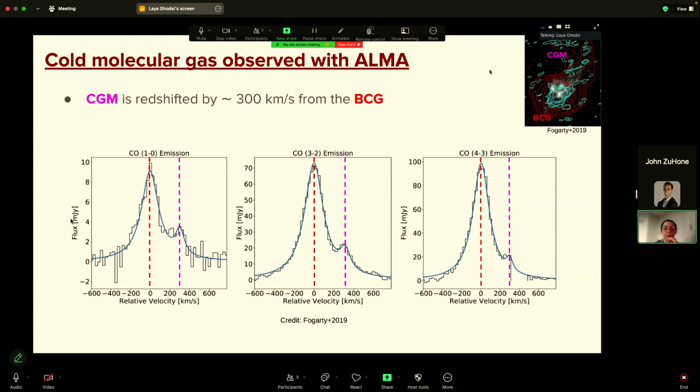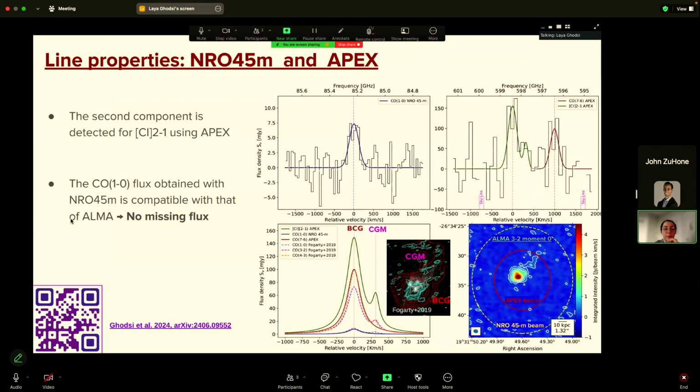So to start, it's good to take a look at the whole structure of the system. We have the BCG and the CGM extended up to 30 kiloparsec away from the BCG, and all the emission lines, all the spectra show a bimodal distribution in which the larger peak is showing the emission from BCG, and a smaller peak redshifted by 300 kilometers per second corresponds to the CGM tail.